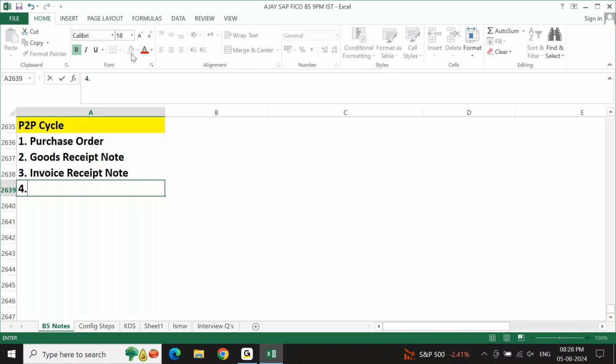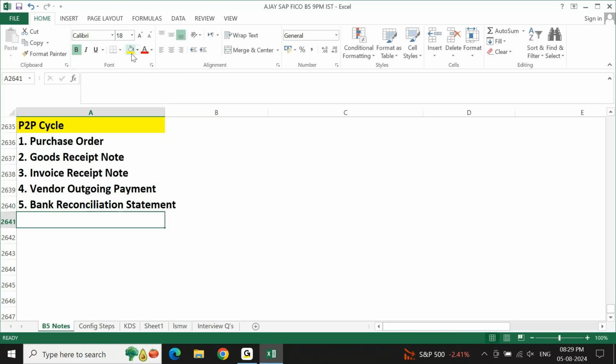Fourth point is vendor outgoing payment. Fifth point is bank reconciliation statement. These are the five points you have to remember from the P2P cycle point of view.